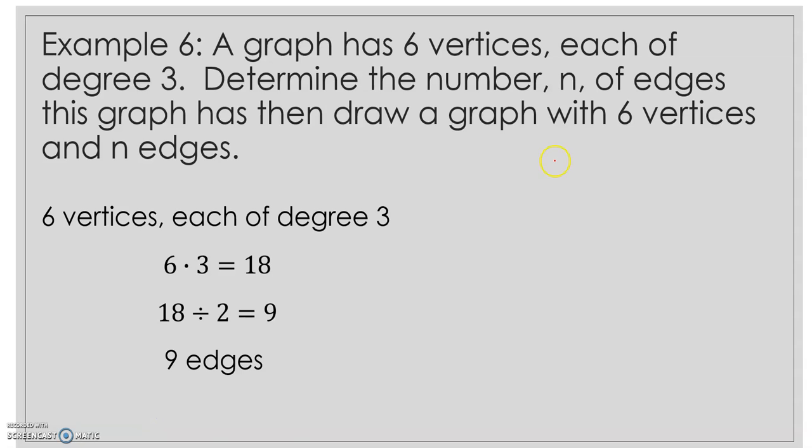Draw a graph with 6 vertices: 1, 2, 3, 4, 5, 6.